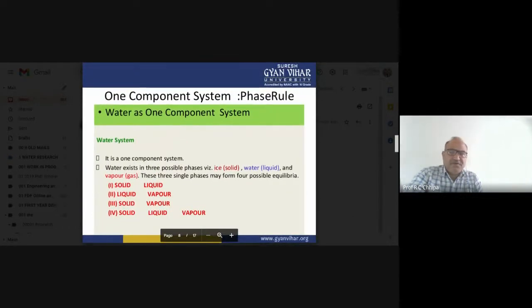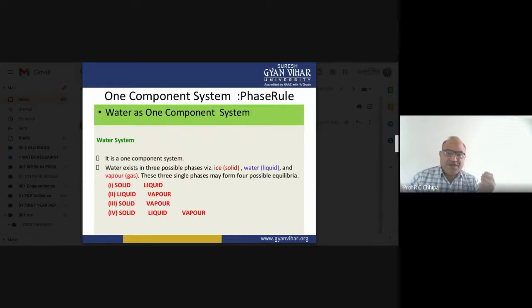So here we have another concern. Water is one of the components of one component system, and in this particular case, water exists in three possible phases: ice, water, and vapors. So these three single phases may form four possible equilibria. We have the vapor pressure, and the sublimation process.